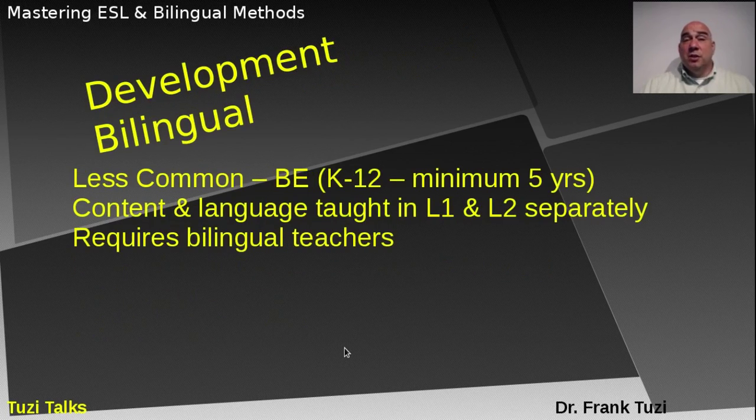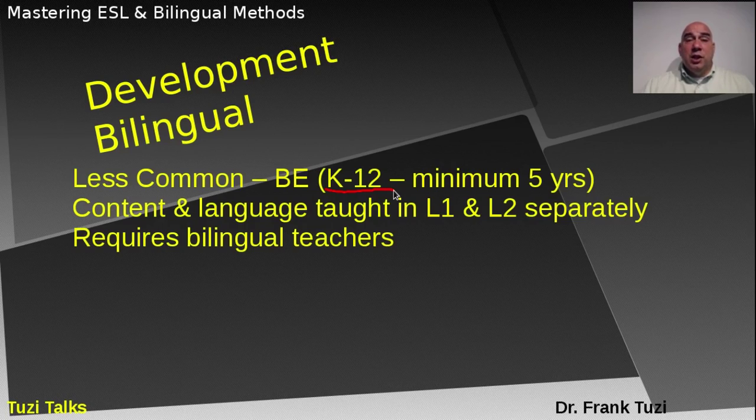So that's transitional. Developmental bilingual programs are less common. They are bilingual ed, but they can go as long as K through 12. The minimum would be a 5-year program. Developmental bilingual seeks to develop both languages throughout the entire public school experience.